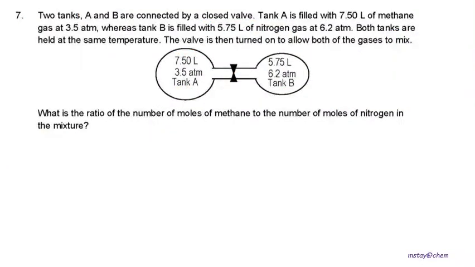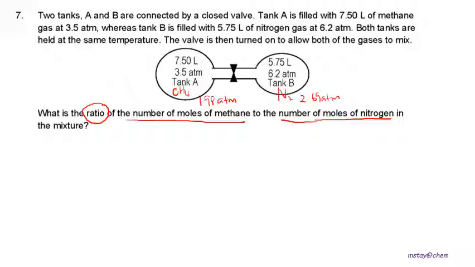Continue with question 7. After we determine the new pressure for the CH4 and also the new pressure for the nitrogen gas, which is 2.69 atm for nitrogen and 1.98 atm for methane, the next part of the question lets us determine the ratio of the number of mole of methane to the number of mole of nitrogen.